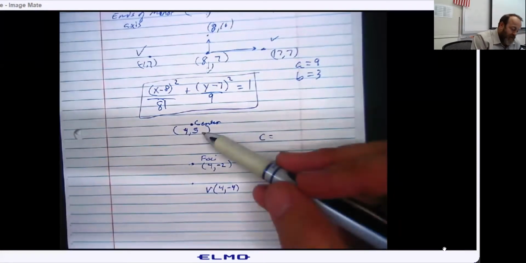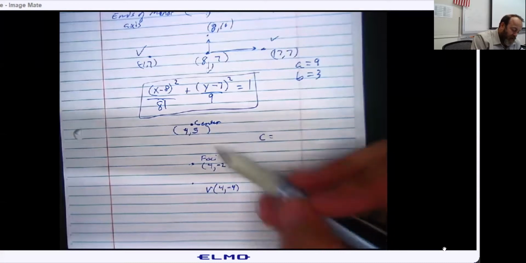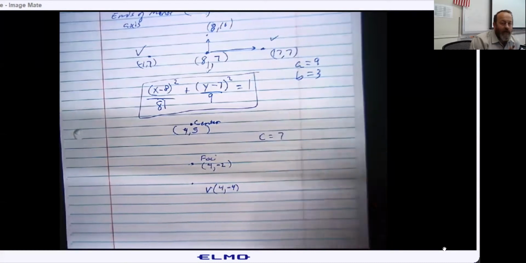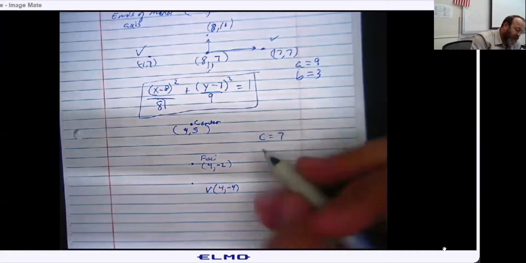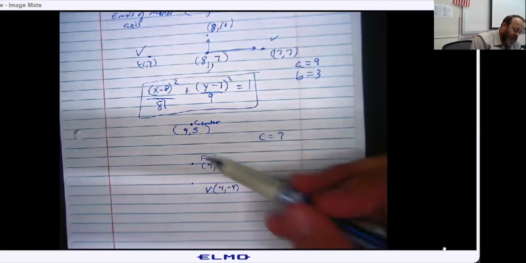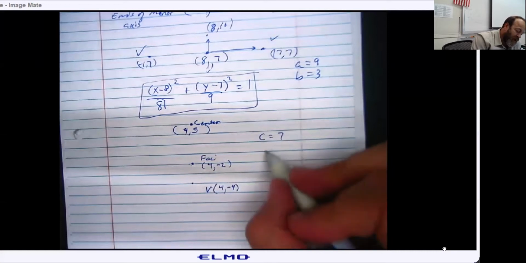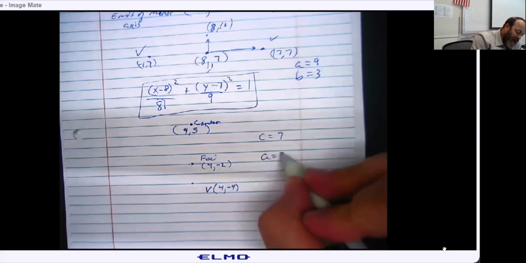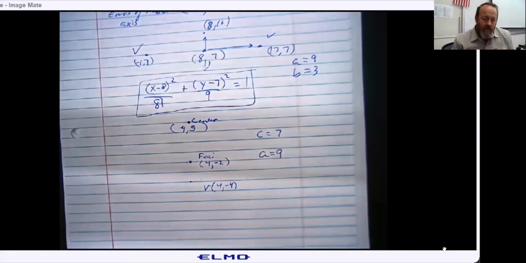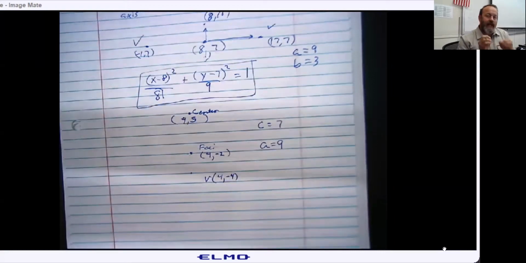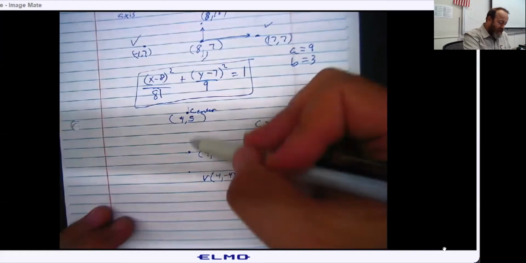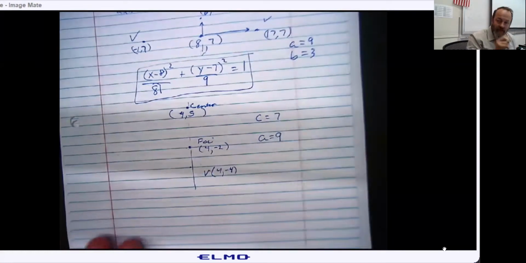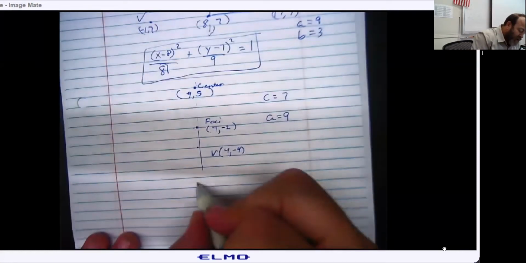C is the distance from the center to the focus, and from here to here is 7 units. Now, I know that you're going to say it's down, but it's just how far, and that's an absolute value. I also know that the distance from here to here is 9, and that's going to be A. And I was a little bit concerned about that because A is actually always tied to the big axis, and since these things are lined up vertically, the big axis is going to be the Y. So let's go ahead and do that.